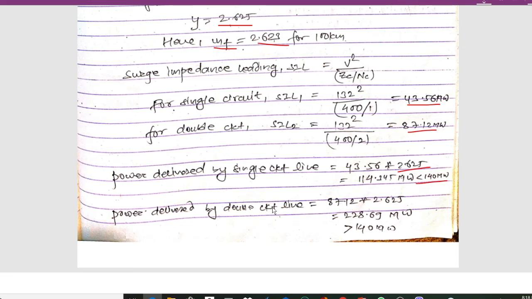Again, for the power delivered by double circuit lines, the surge impedance loading is 87.12 megawatt for double circuit lines, and if you multiply this with the multiplying factor, you get the power delivered by the double circuit lines, and this gives 228.69 megawatt, which is greater than 140 megawatt.